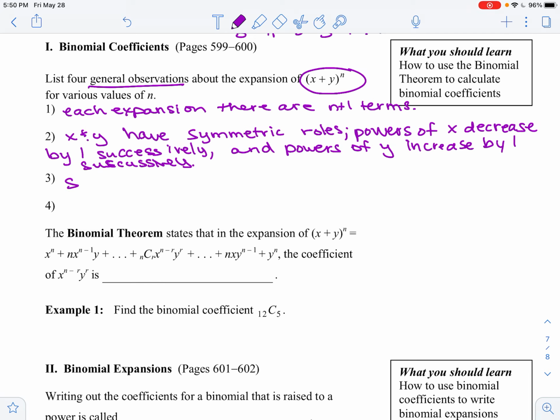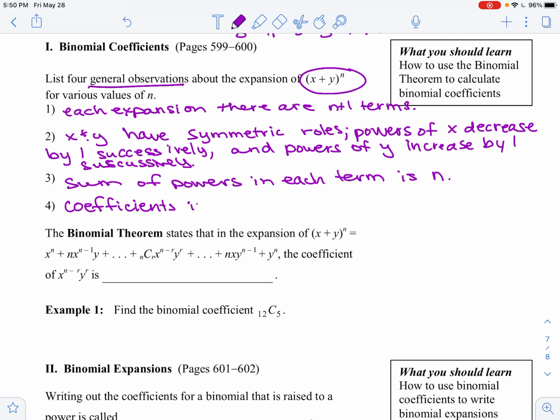The third one is that the sum of the powers in each term is n. And then lastly, that the coefficients increase or decrease in a symmetric pattern.